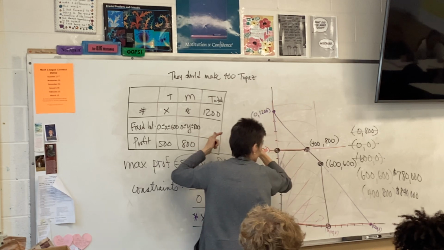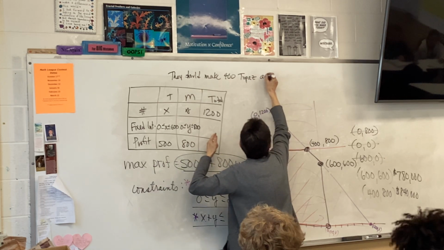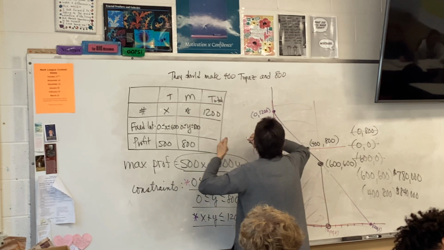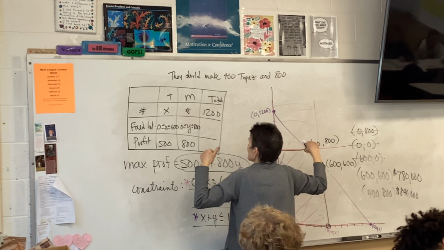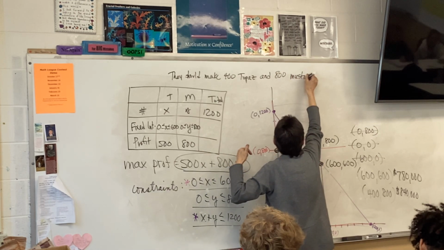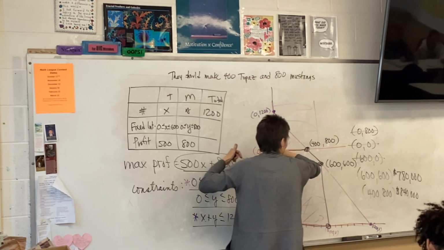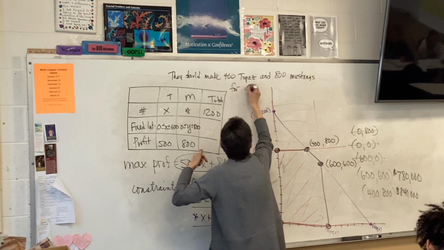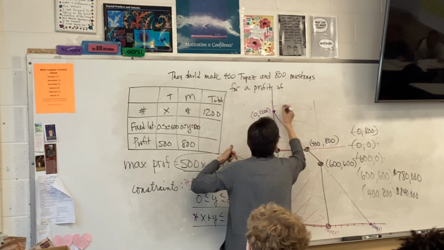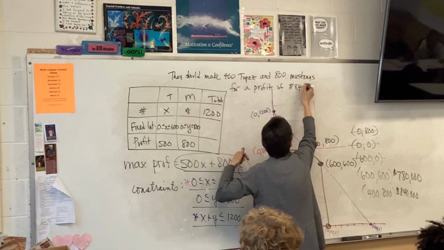No, it's a type of gem. Well, I know it's a kind of gem, but I know the Mustang's a car. I don't know. So they should make 400 topaz and 800 Mustangs for a profit of $840,000.